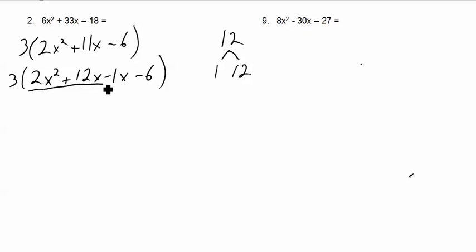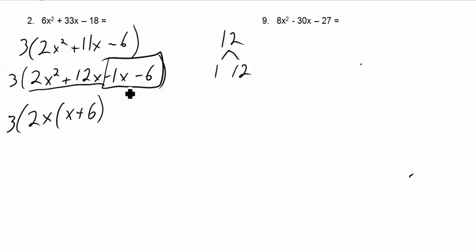Alright, so what can we factor out of those? Factor 2x. So we divide this by 2, we get 1, take away one of the x's, we're left with x. 12 divided by 2 is 6, we take out the x. What do we need to do to negative 1 to get it to be an x? We need to divide it by negative 1.